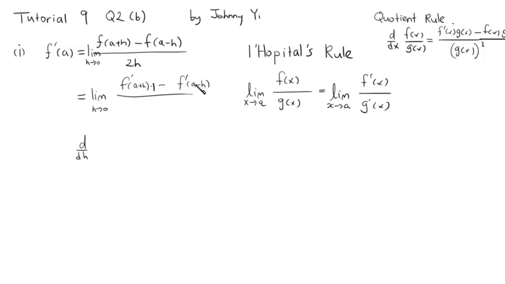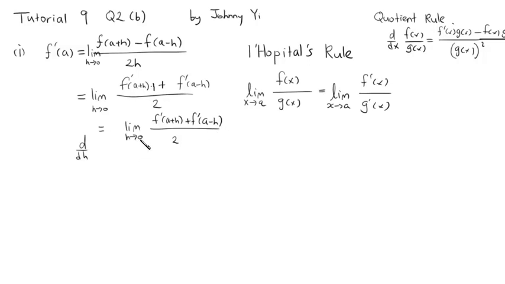The differentiation of the bottom is just 2. This becomes the limit as h approaches 0 of f dash of a plus h plus f dash of a minus h, over 2.